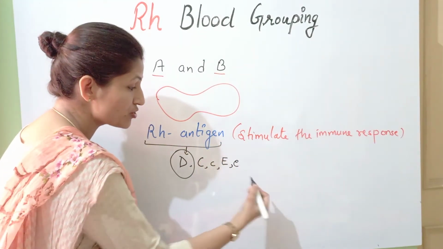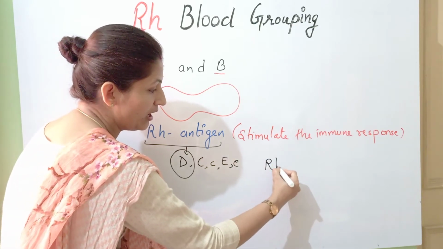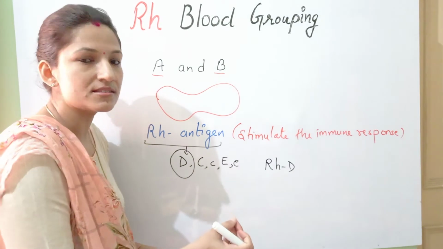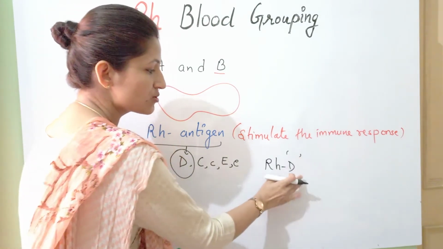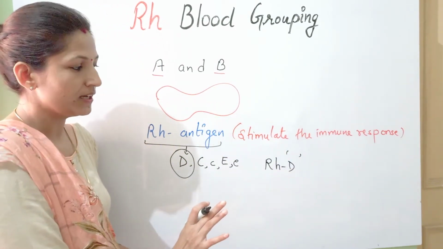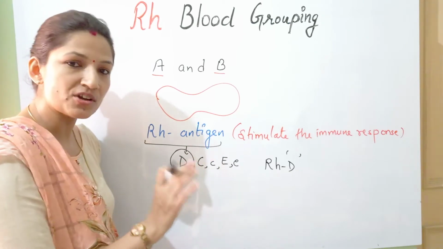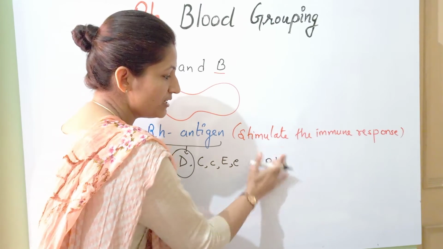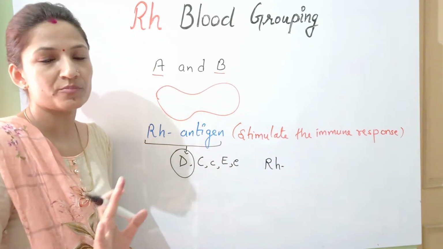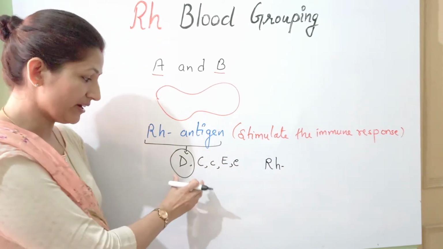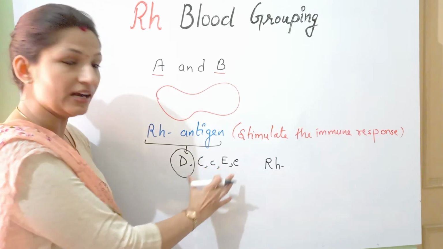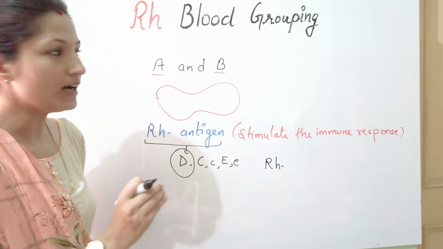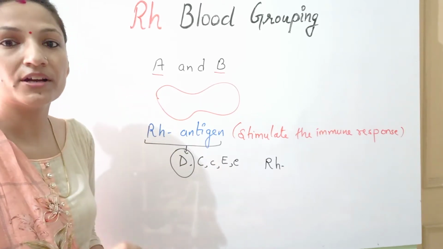Which we usually denote RHD. Fine. D we can consider to be the dominant one, because a small d is not present at all. So when this D is not there, it means the RH factor is not present. These D, C and the others are the antigens which come under the RH blood groups.